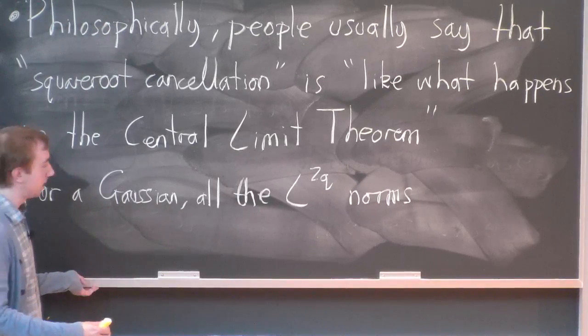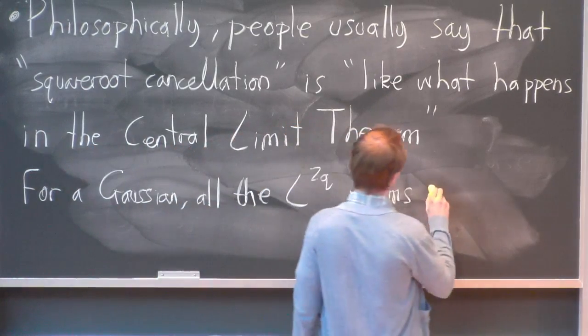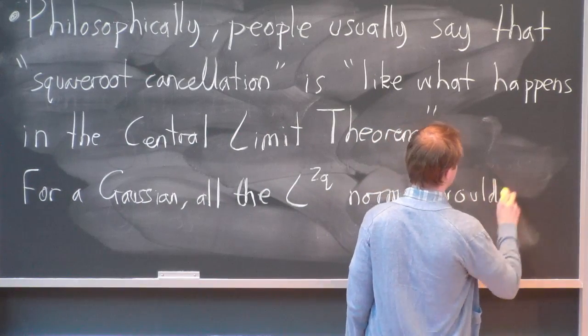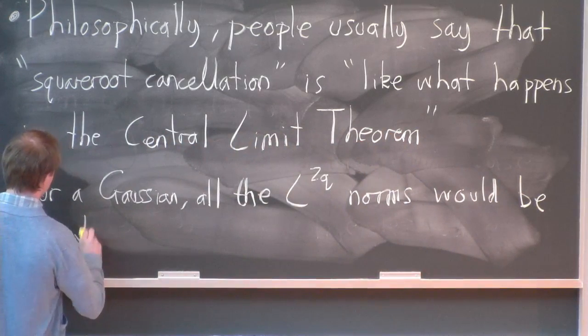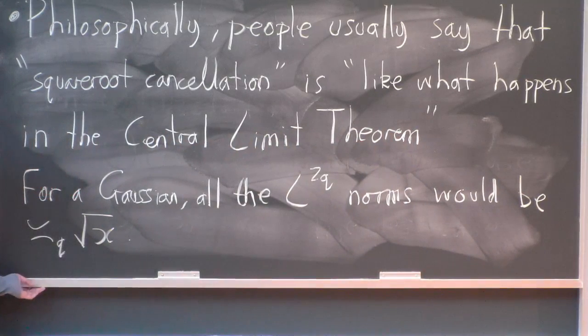So in this case, order root x. So for a Gaussian, all the L2Q norms would be of order, depending on q, square root x.